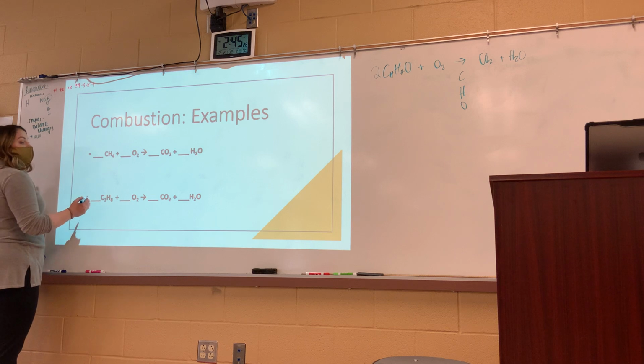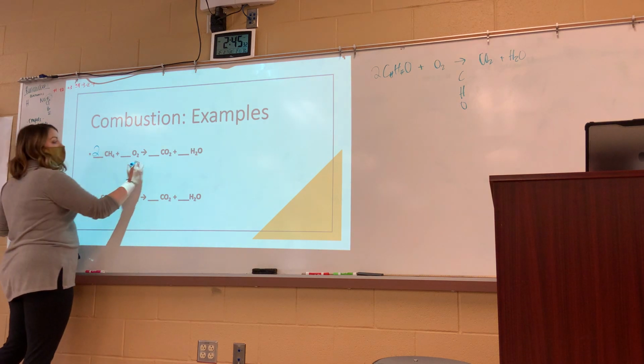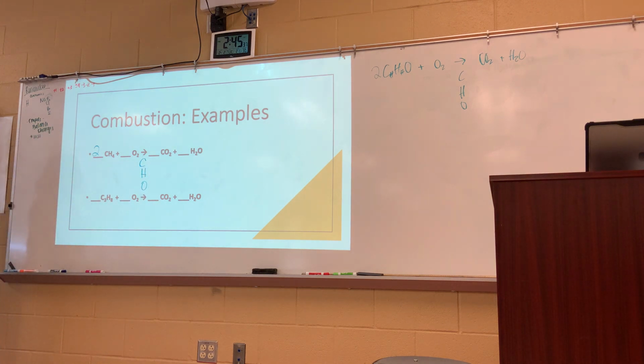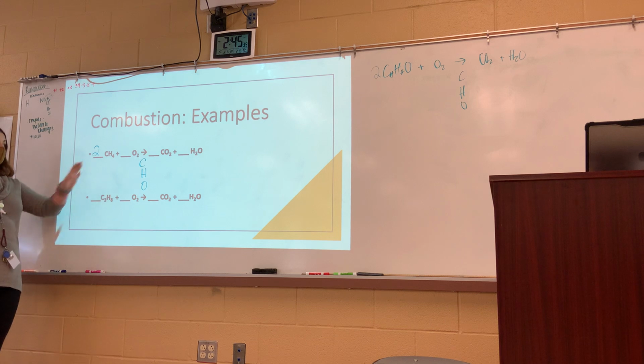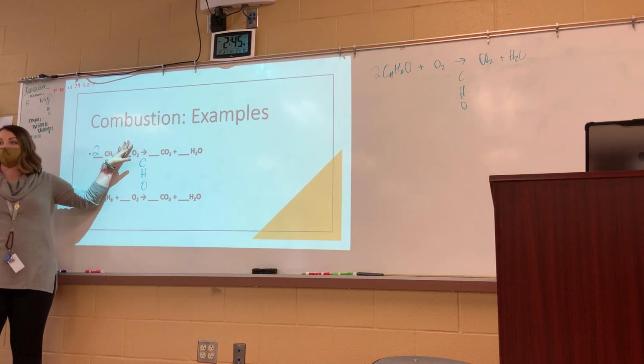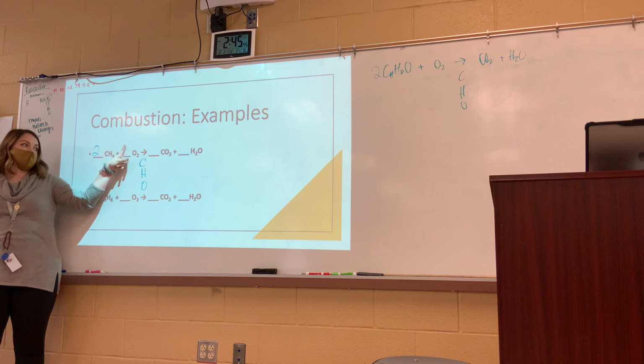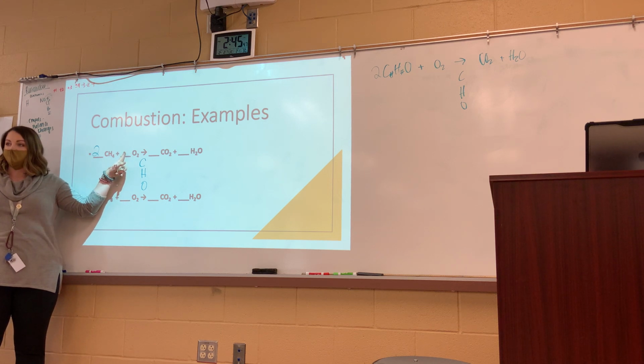So for combustion reactions, it is just easier to put a 2 in front and then start your count. The reason for that is oftentimes you only have one spot for oxygen. And the oxygen has a 2 on it. So that means that this has to be 2 times something.